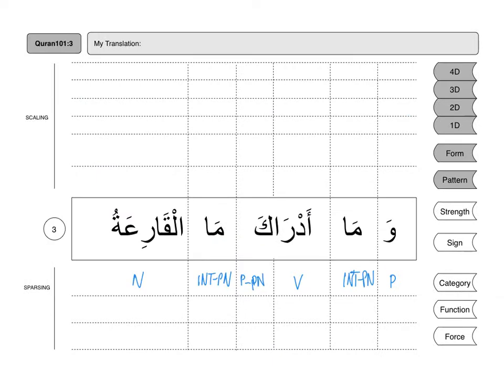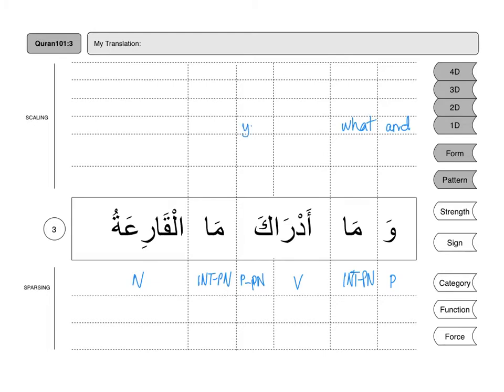Okay, so now verse number 2. So verse number 2 is وَمَا أَدْرَاكَ مَا الْقَارِعَةُ. We'll take this step by step. So wa is "and", ma is "what", same ma as just now, and then adra, ka.